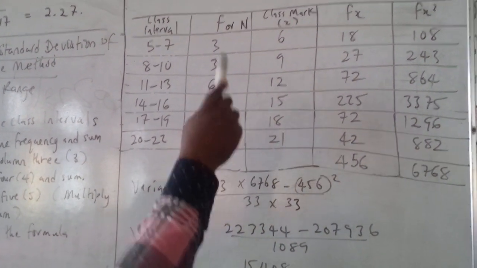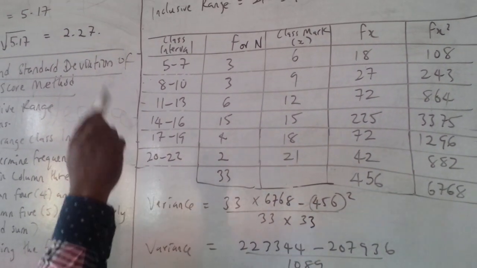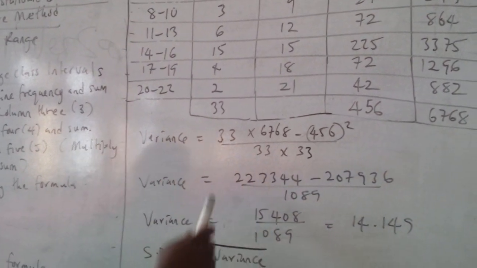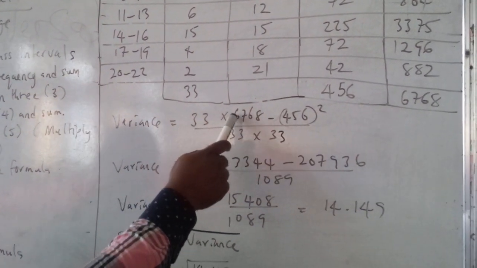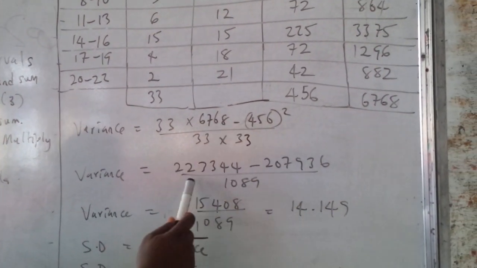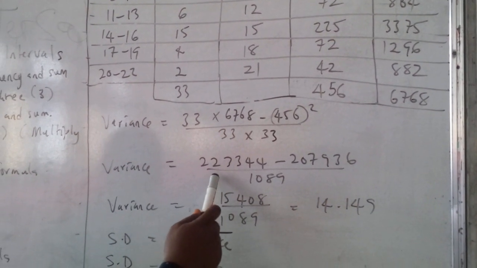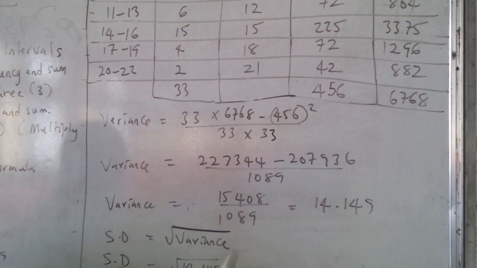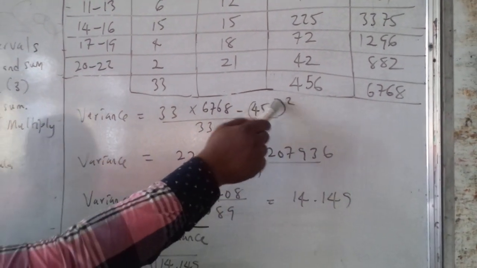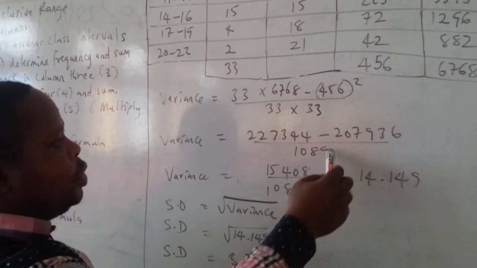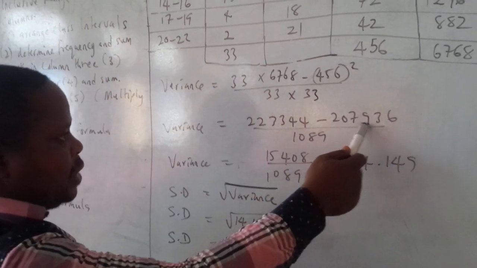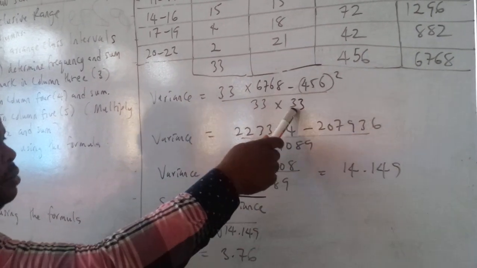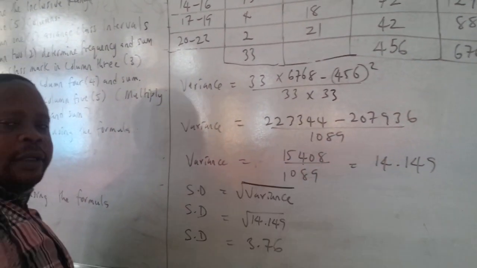When you talk about n squared, n is 33. If you square it, it's going to give you 33 times 33. Now when you multiply 33 by 6,768, you have 223,344, minus, if you square 456 by itself, you are going to have 207,936. And then 33 times 33 will give you 1,089.